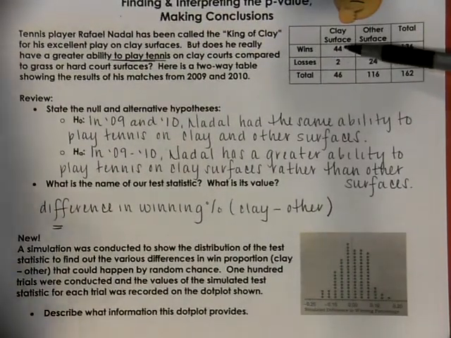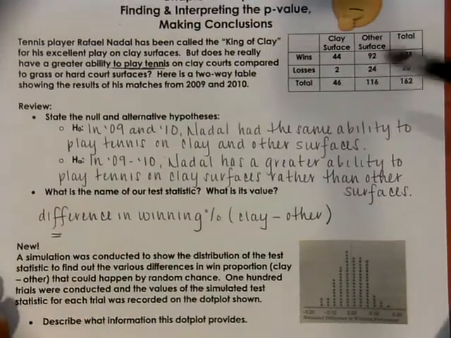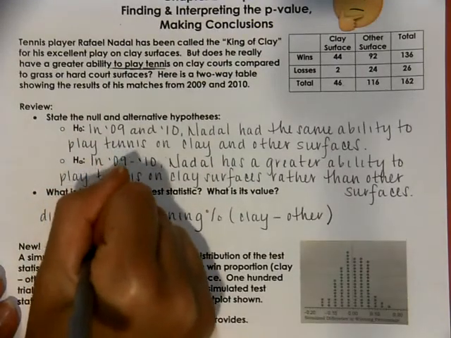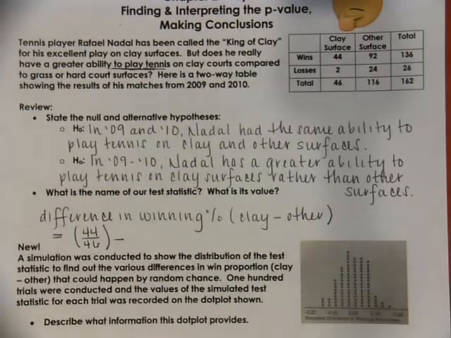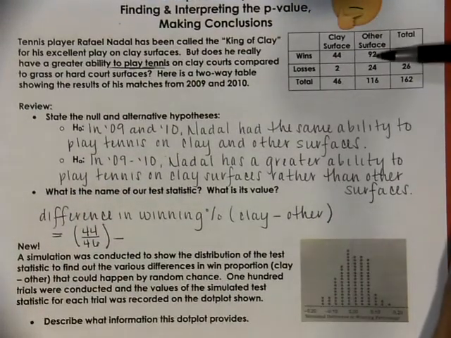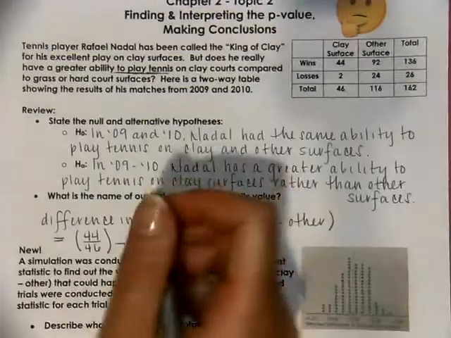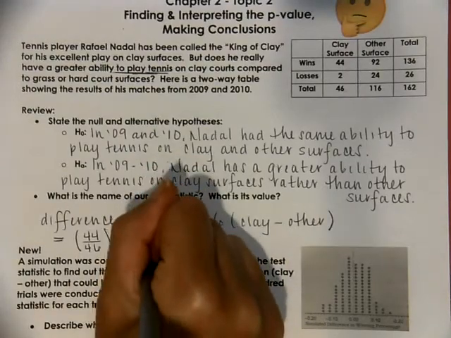He won 44 of those matches out of 46. So in order to figure out that winning percentage, it's going to be 44 divided by 46 minus, how did he do on other surfaces? So 92 of them he won out of 116. So minus 92 out of 116.